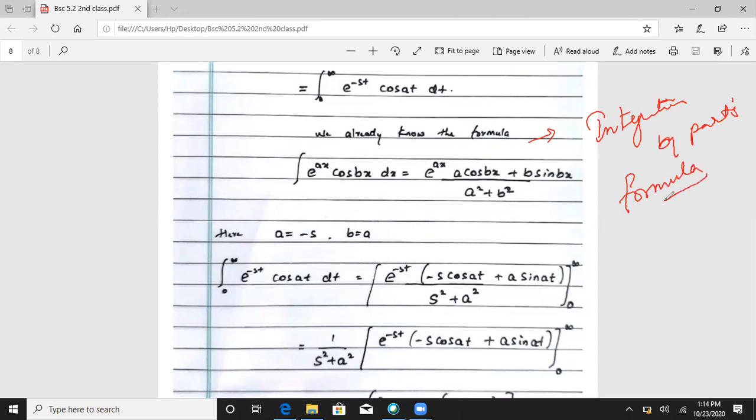The integral of e to the power ax cos bx is equal to e to the power ax, a cos bx plus b sin bx, divided by a square plus b square. And here also the same: instead of writing a, we will write minus s. Instead of writing b, we will write a here.